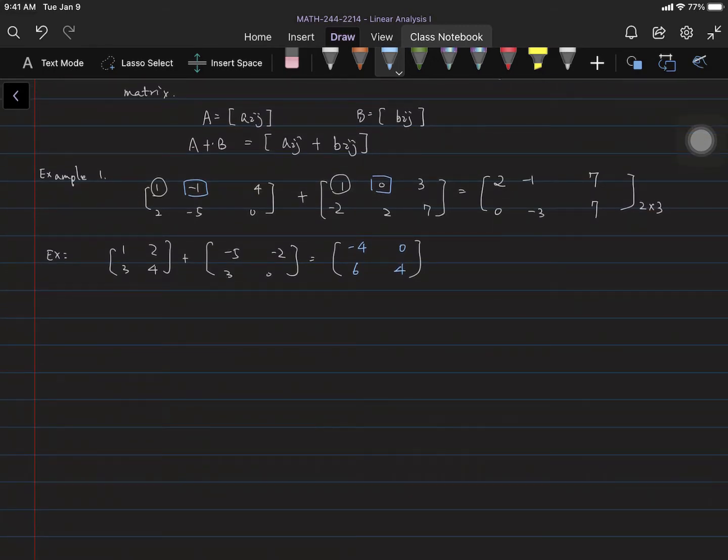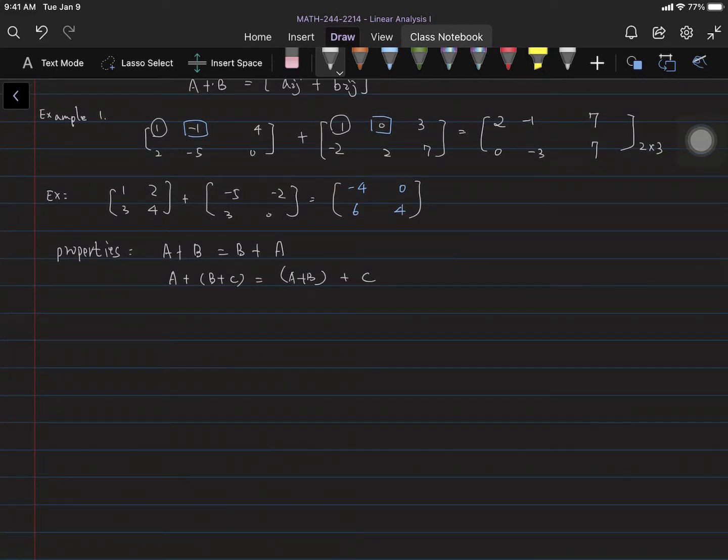And for the properties, we have A plus B equals B plus A, because for the addition, we can switch the order. And the next property is we can add A plus B first and then add C.